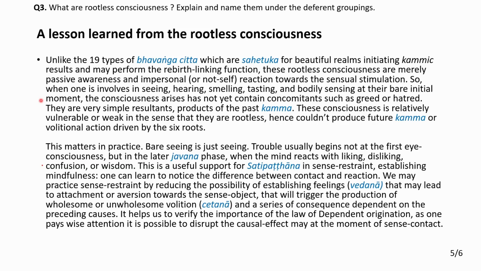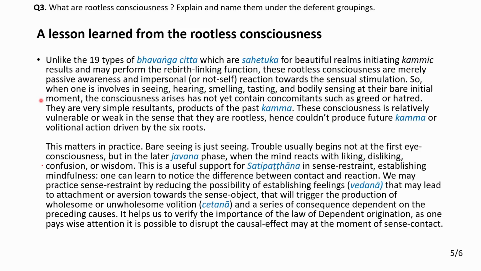We have at least 7 universal mental factors, so you cannot say they don't contain concomitants. If you say does not contain root concomitant, yes, then you're right. Lobha and dosa are actually cetasika, also concomitant mental factors, but they are also roots. So if you say has not yet contained concomitant, meaning you say there's no mental factor.